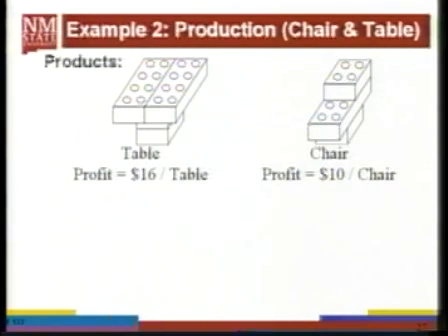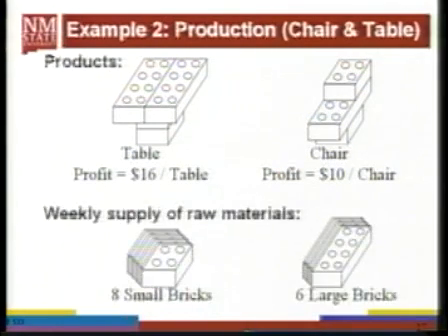And each chair uses 1 large brick and 2 small bricks. And you are limited by the availability of materials, so you only have 6 large bricks and 8 small bricks. Then the question is, to maximize your profit, how many tables and chairs should you make? Okay?